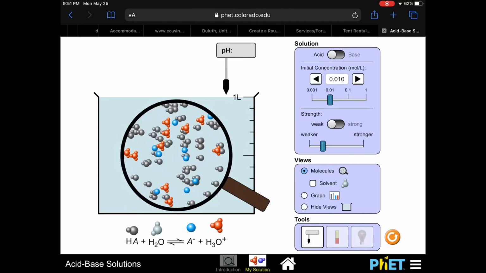Okay, let's look at a separate one. One more thing I'd like to show you. Right now we are looking at a weak acid. The pH is 4.5, and I'm able to change the concentration. Watch what happens to the pH when I change the concentration. I'm going to increase the concentration.